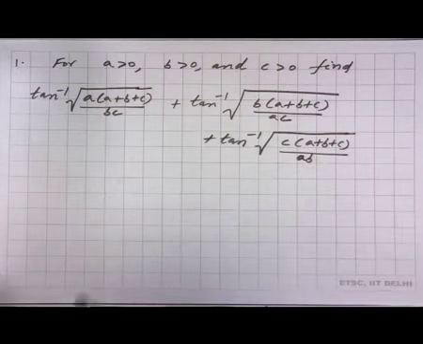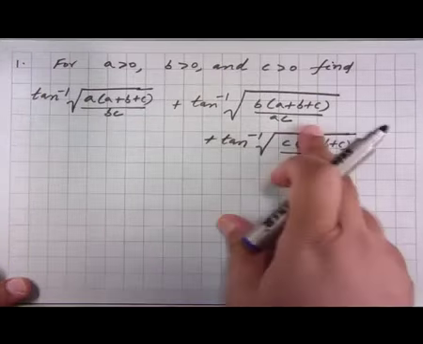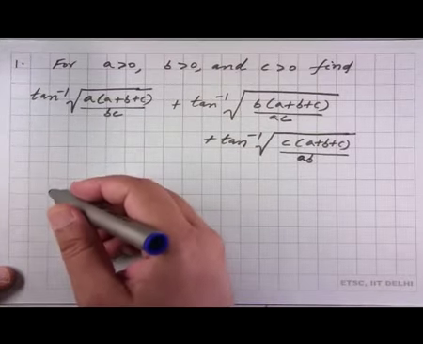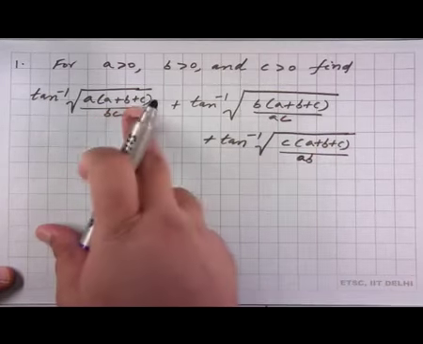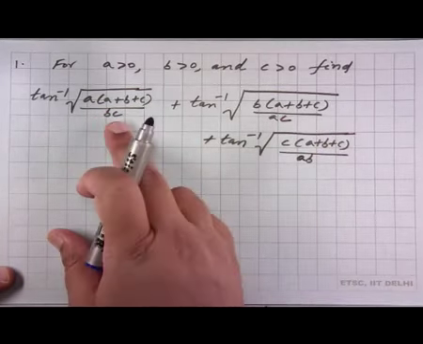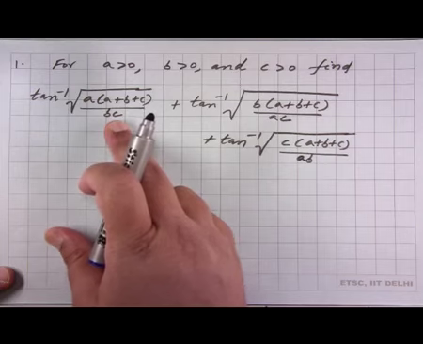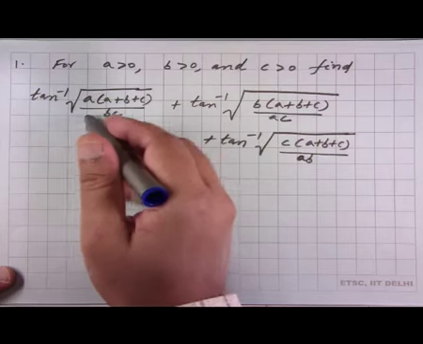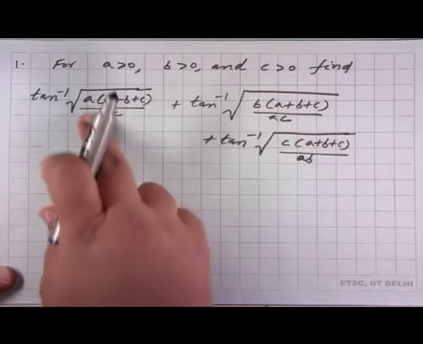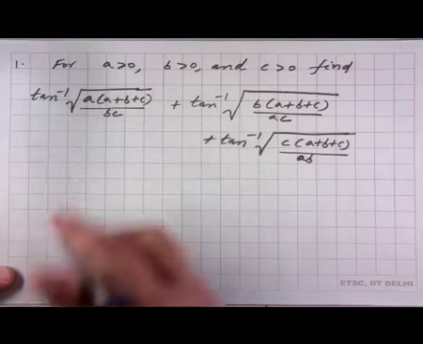So, we will start with adding the first two terms, and before that what we see is that all these three values have a plus b plus c as a common factor. What we can also do is multiply the first one by square root of a, both in the numerator and denominator.